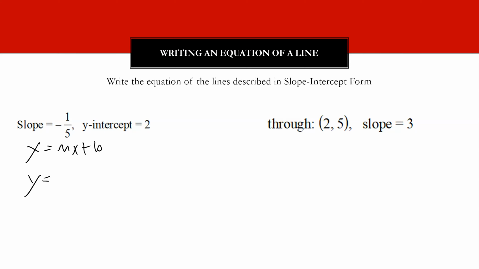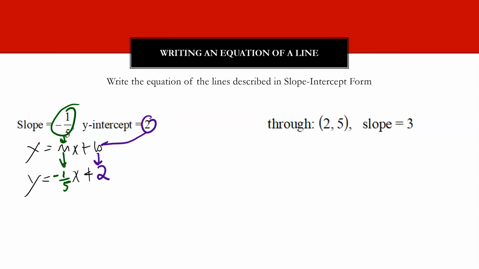So we would leave our y, our x, and then we would just plug in. We know that the y-intercept is 2, that's b, so I put it in where b goes. I know the slope is negative 1/5, that's m, and I put that in where m goes. And that's it. But what about the one on the right?